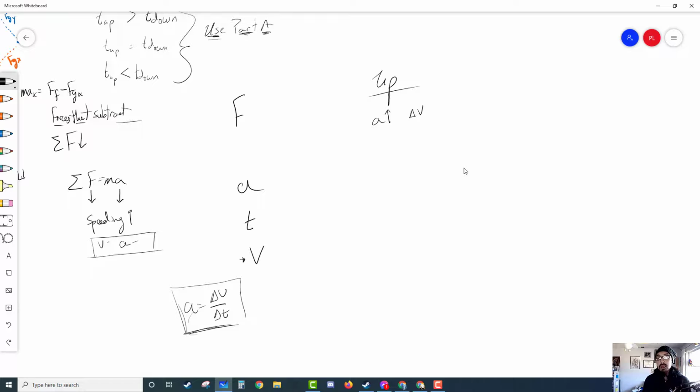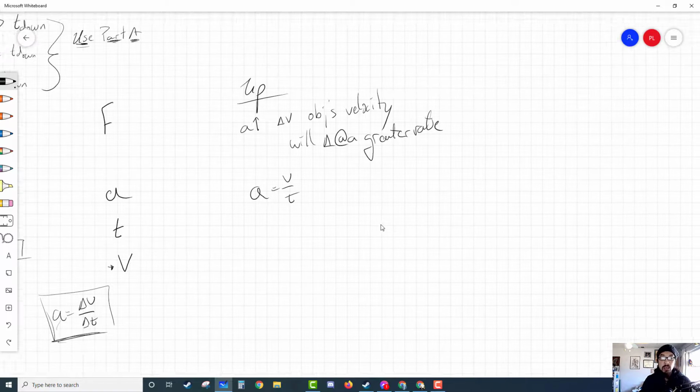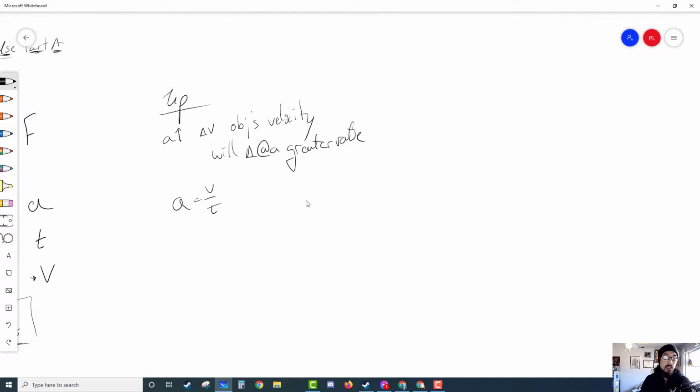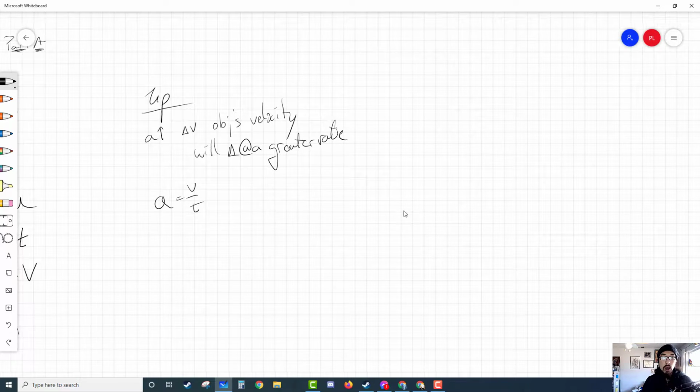So that means the object's velocity will change at a greater rate, meaning that the two forces are acting against the object. And one way that we can look at this is acceleration is velocity over time, right?